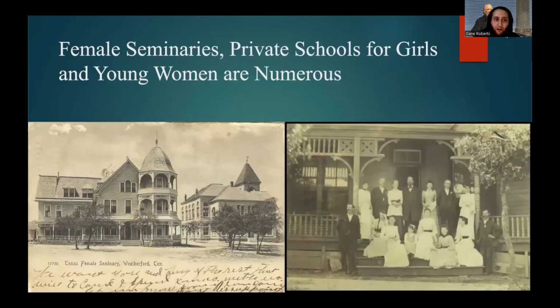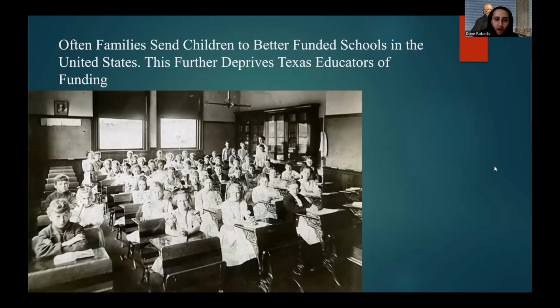That being said, female seminaries, which were essentially private schools for girls and young women, were numerous. And often families would send children to better funded schools in the United States, which would unsurprisingly further deprive Texas educators of funding.